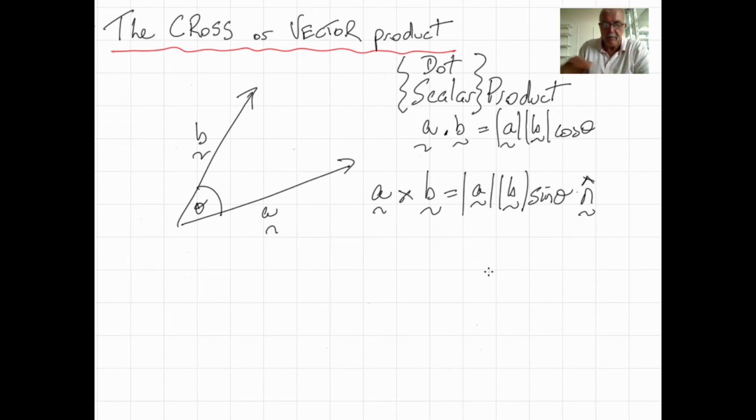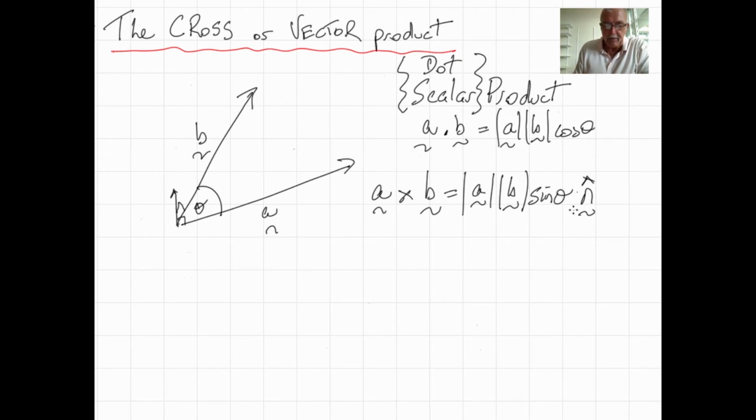So if A is in this plane, B is in this plane, my thumb is pointed straight up. I'll just draw it like that to show a bit of 3D, but it's virtually coming straight out of the page at you.